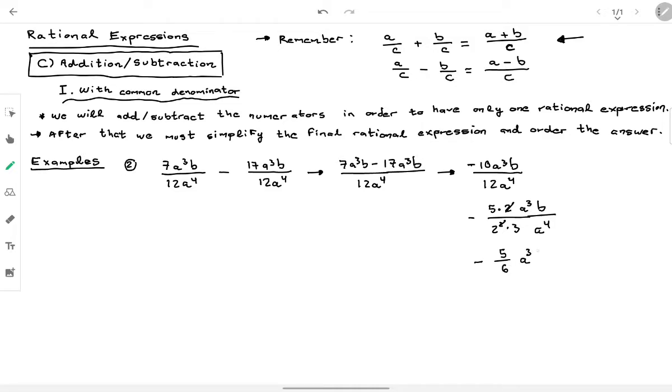For a, it's going to be 3 minus 4, and for b, it's 1 minus 0. So it's minus 5 over 6, a to the minus 1, b to the 1. Remember, we cannot have negative powers in the letters, so it's going to be minus 5b divided by 6a, and that will be our final answer.